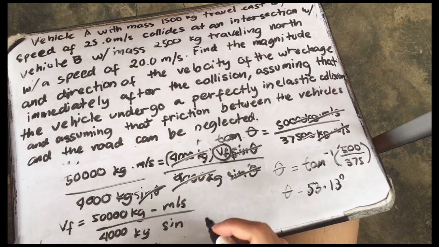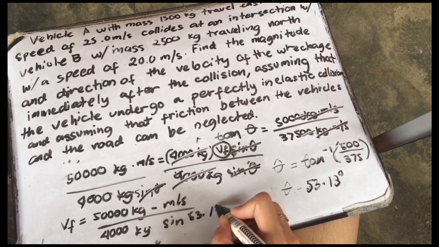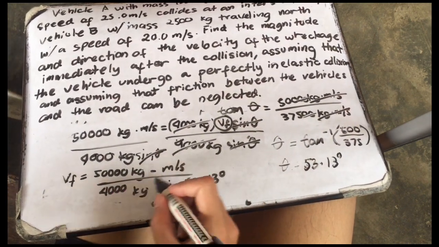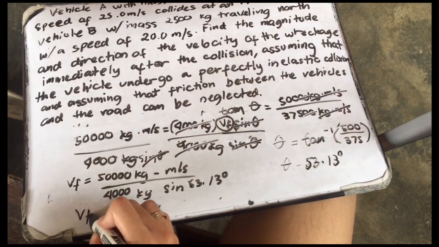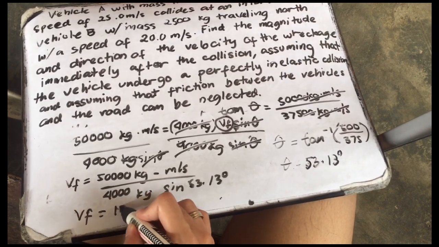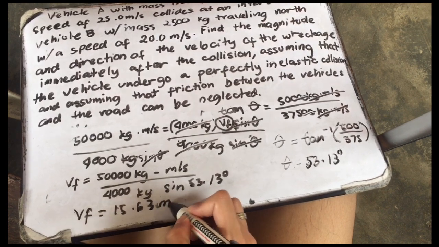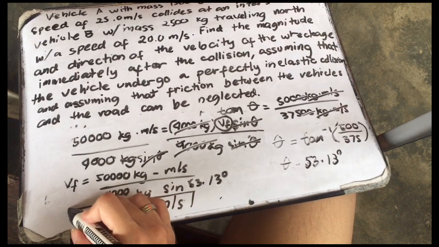Yung ating theta ay yung 53.13 degrees. V sub F natin is equal to, by calculating, 15.663 meters per second. Yan ang ating final answer.